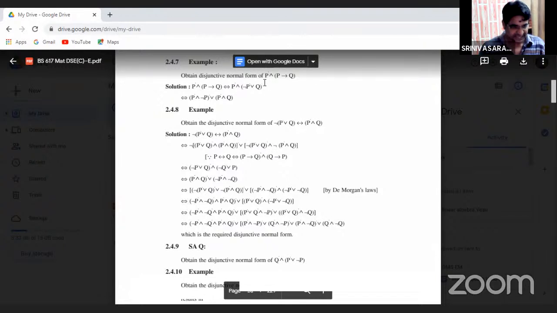The second point is that negation is also applied here. Now the third point, the disjunctive form is there: (P and negation P) or (P and Q).